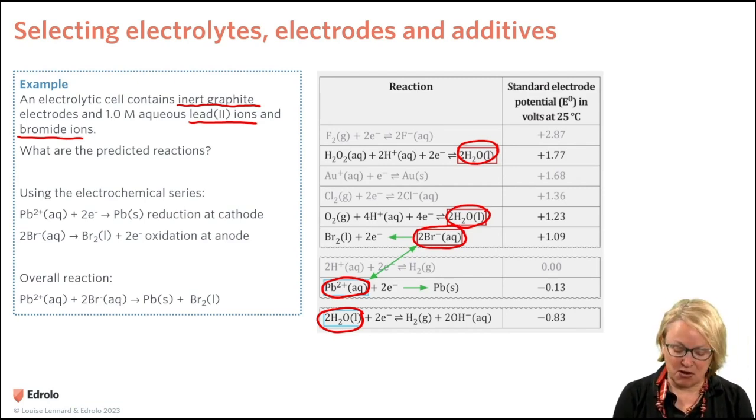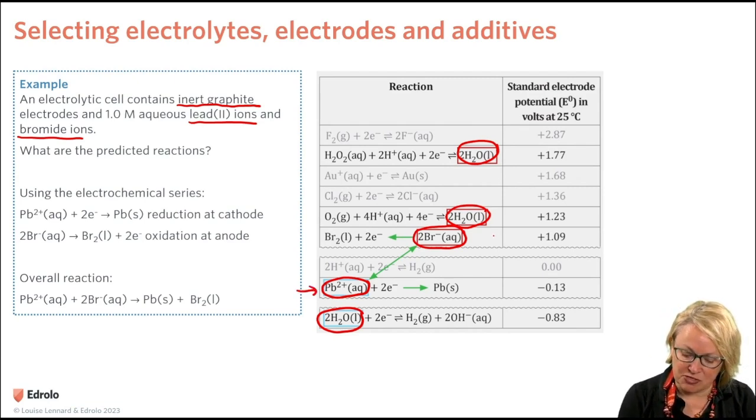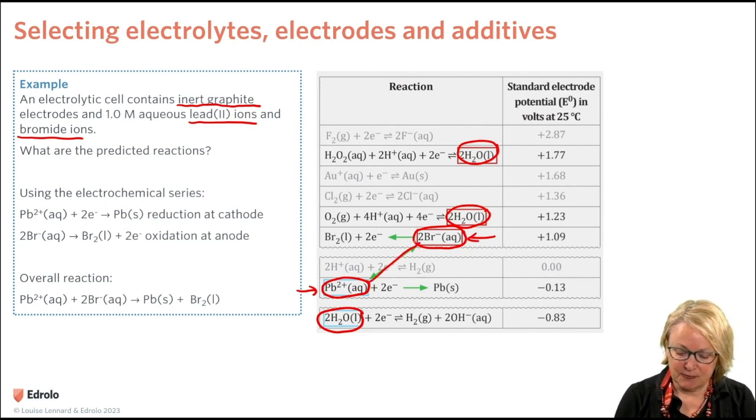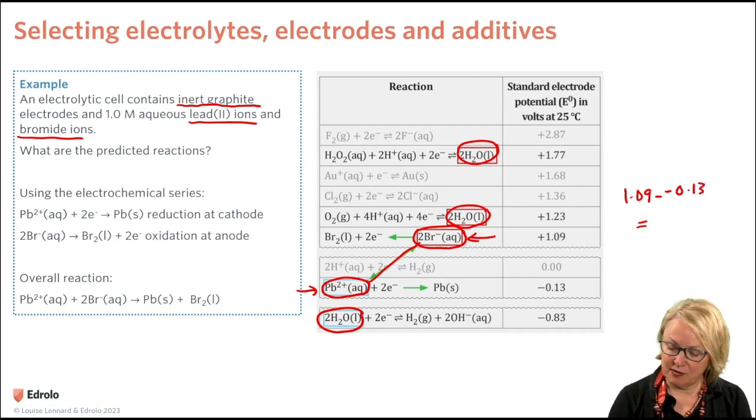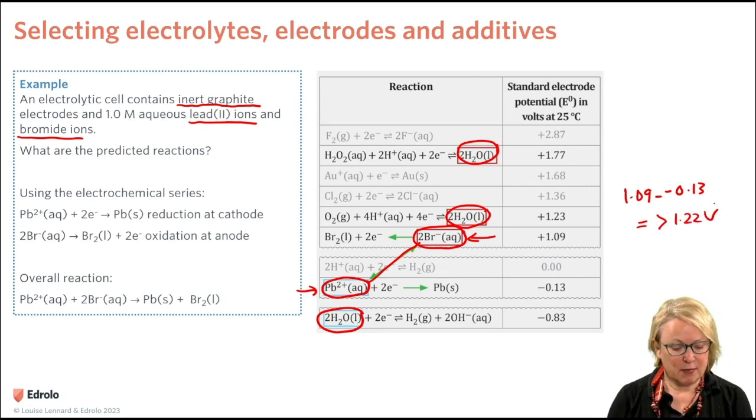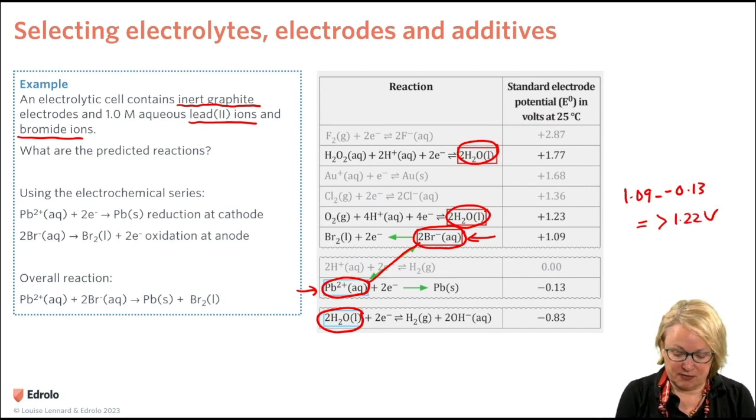The strongest oxidising agent will react with the strongest reducing agent. We've got our positive gradient. So as long as we put enough energy in the difference of 1.09 minus 0.13 volts. So if we have more than 1.22 volts, then they're the predicted reactions.